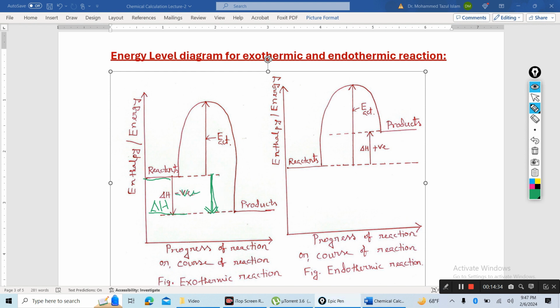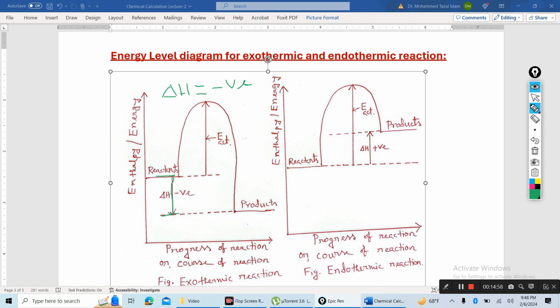Why? This is an exothermic reaction, and you already know for an exothermic reaction delta H value is negative. So the reactant and product energy difference is known as enthalpy of the reaction.